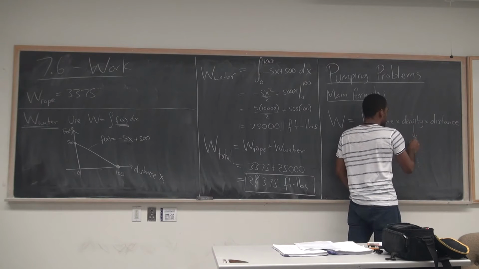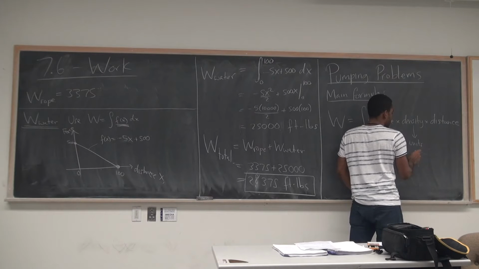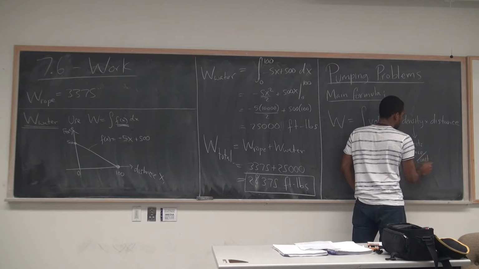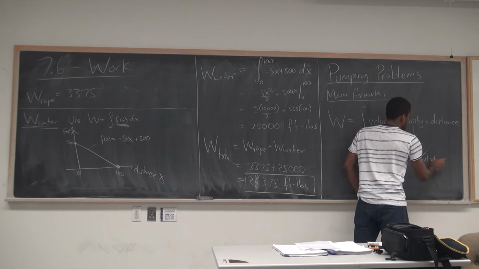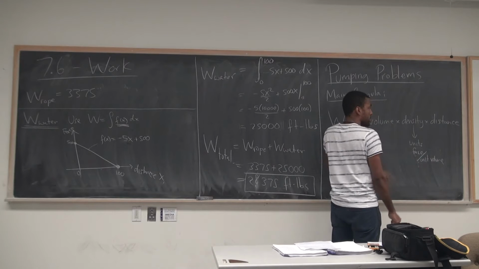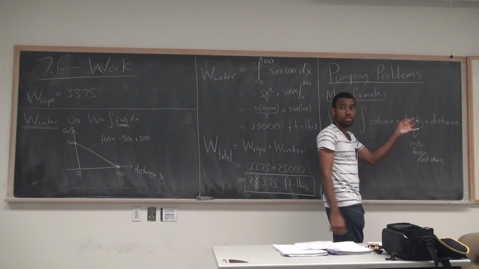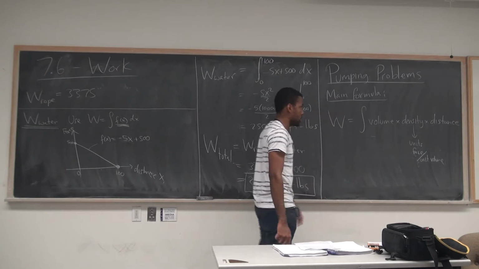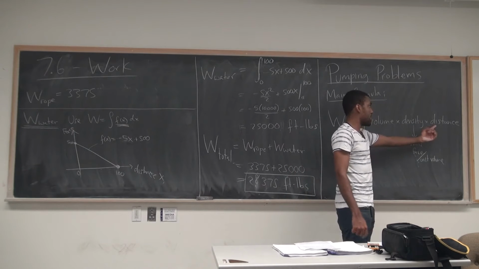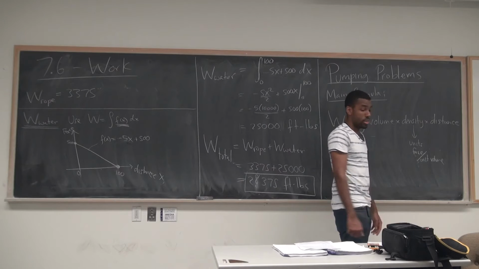Density, the units here must be, we must think of it as force per unit volume, so that the volume would cancel the volume here and we end up with force, right? Density is the amount of substance per unit volume. That's the definition, right? From chemistry, if you guys remember chemistry. So that's basically the general form that we're going to be using.